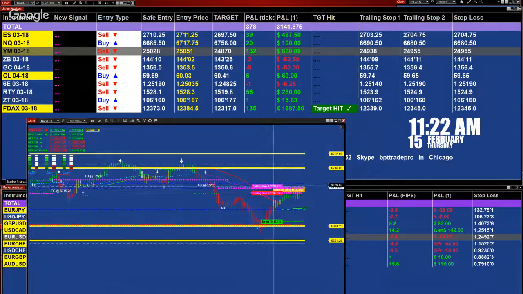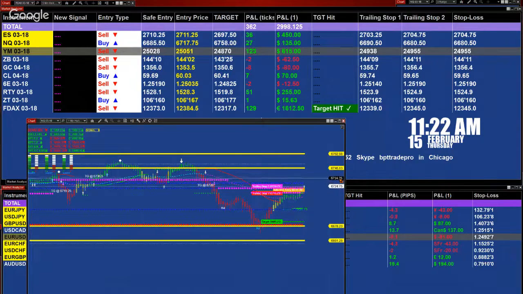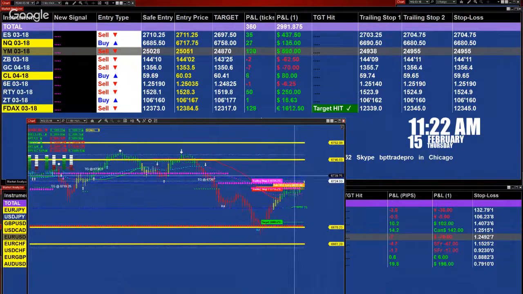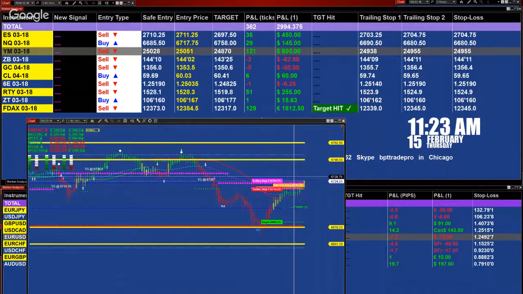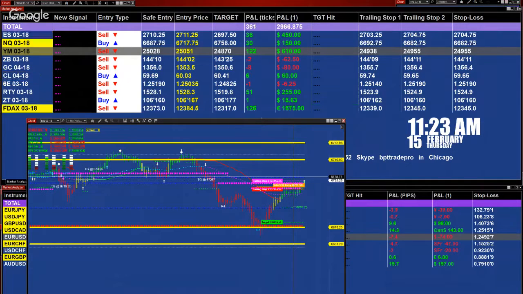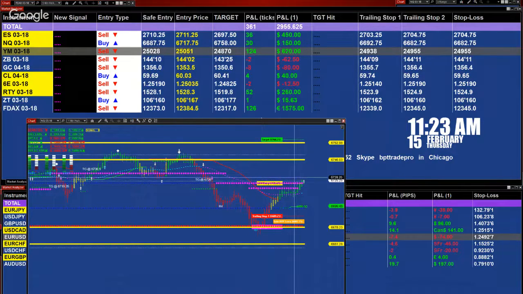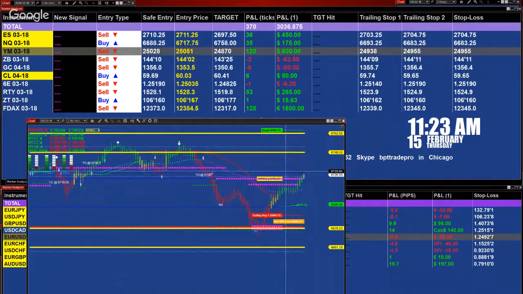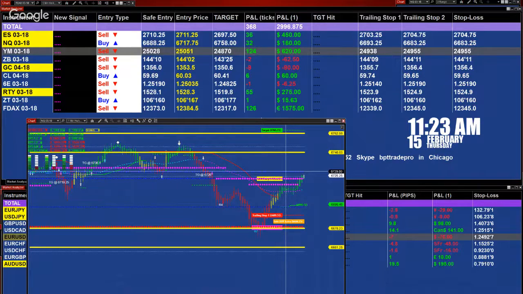When it crossed the double resistance line, we have an entry price. We have some critical area on the Nasdaq. We have a fib line at 67.2875. Approach that number, that 29 level, very cautiously.